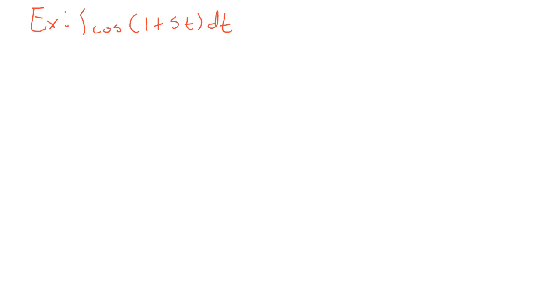We have an inner function, and we have an outer function. So let's play with this a little bit. We let u equal 1 plus 5t. Our du would have to be 5 dt.